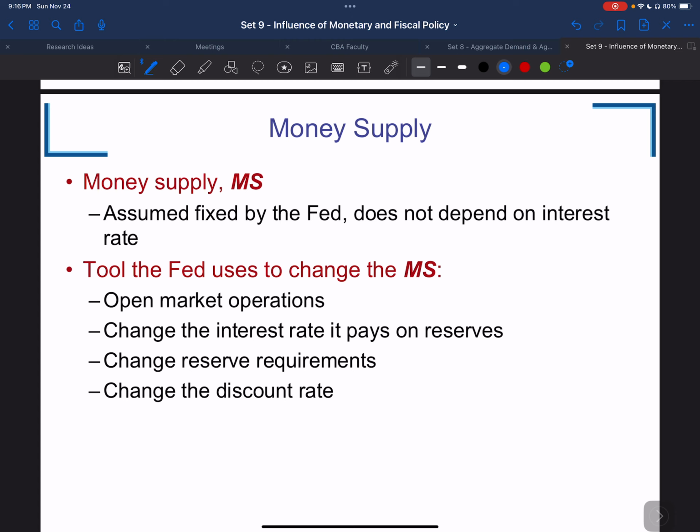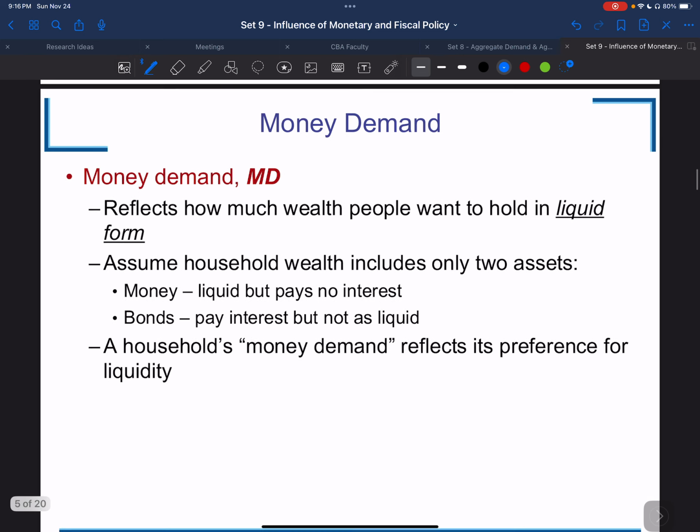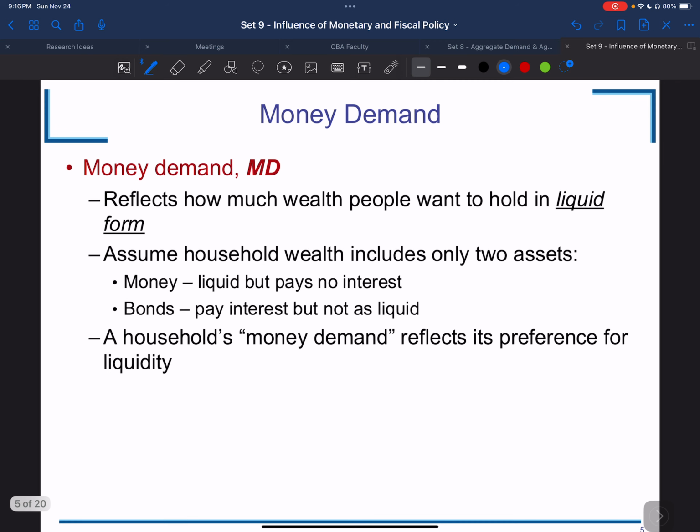The tools that the Federal Reserve uses to adjust the money supply include open market operations, changes in the interest rate that it pays on the reserves that banks hold in the required reserve account, changes in the reserve requirement rate, and changes in the discount rate. We earlier discussed these tools and methods that the Federal Reserve uses to affect the money supply.